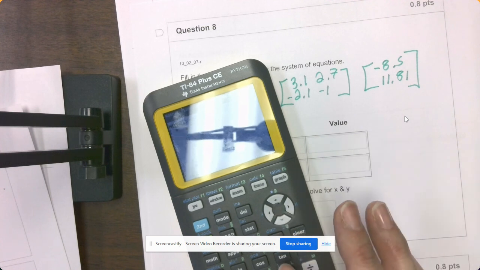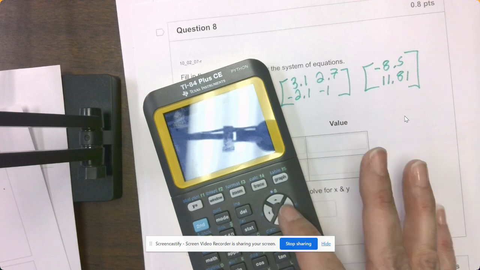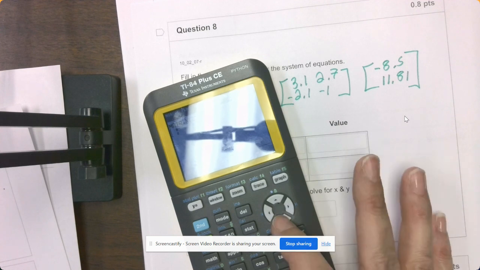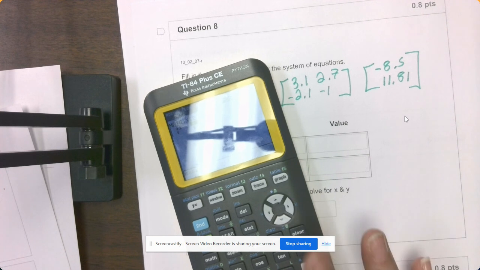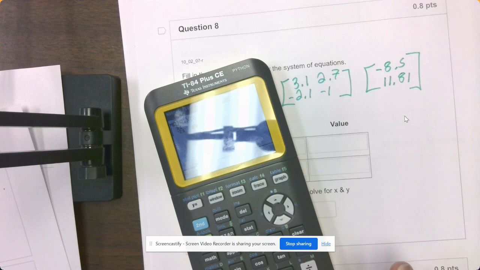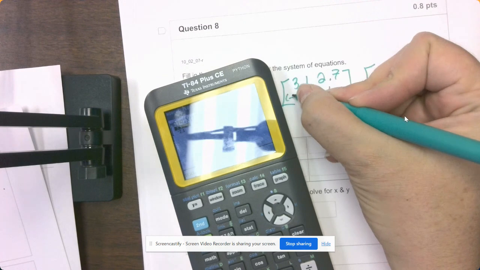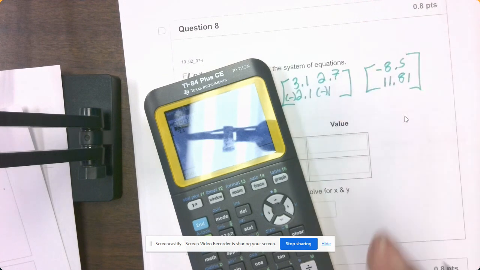It's going to be 2 by 2. Make sure I just have to click enter after I enter everything. Make sure you do the negative sign. So everybody make sure you do the negative sign for negative, so keep track of those signs.